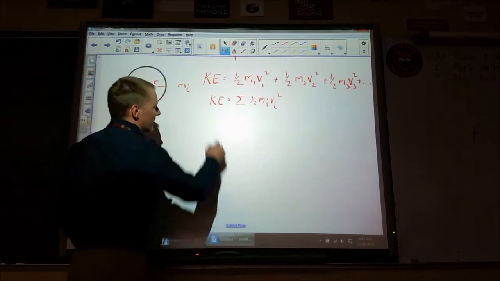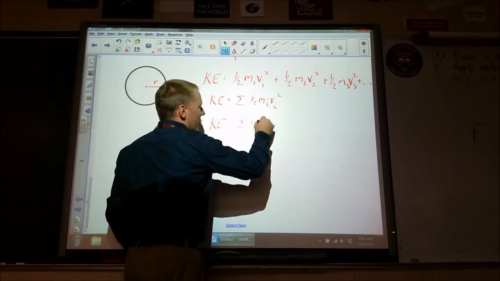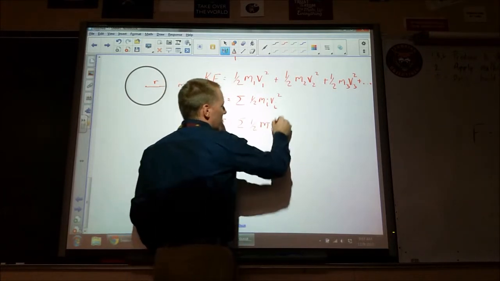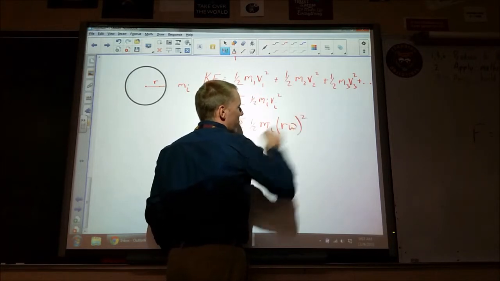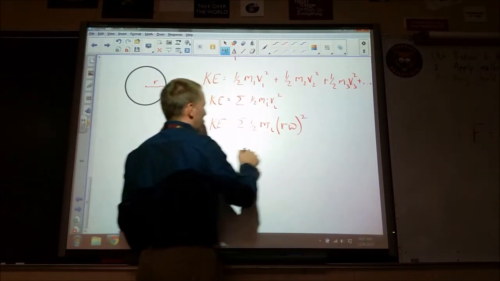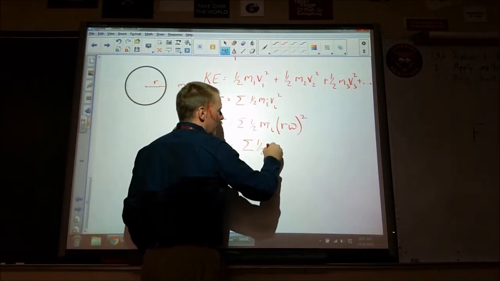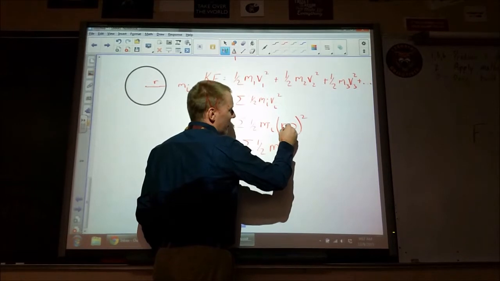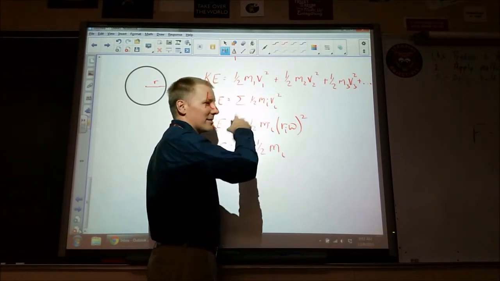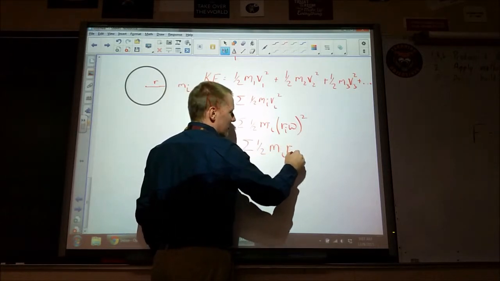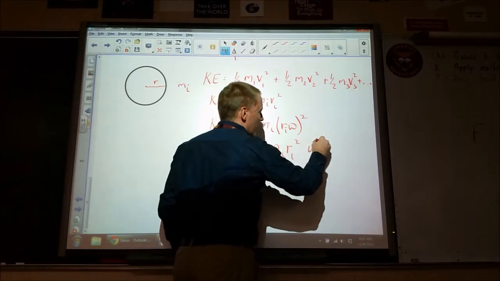Another way we could write this then is K equals 1/2 times all of those m's times (r omega) squared. I'm going to distribute that squared here. And this would be their individual radii, but the angular speed doesn't change. They're all spinning at the same rate.